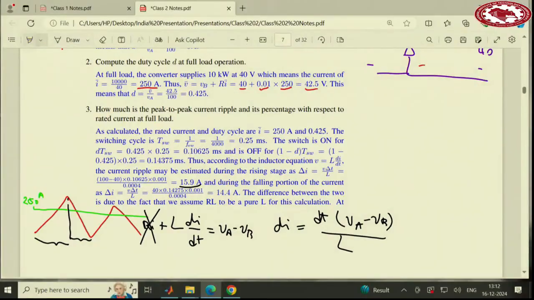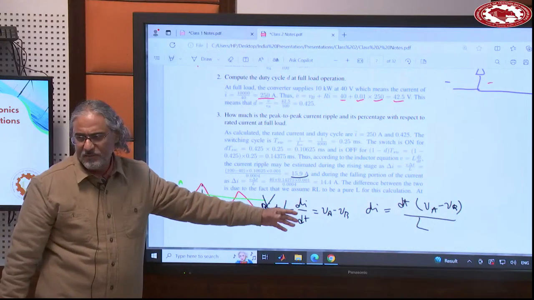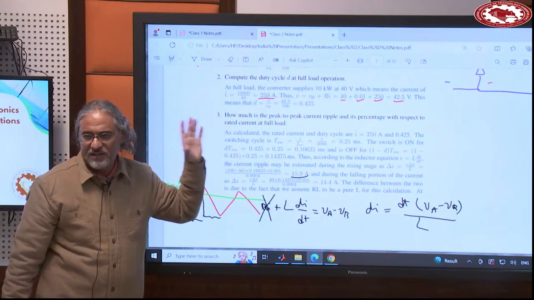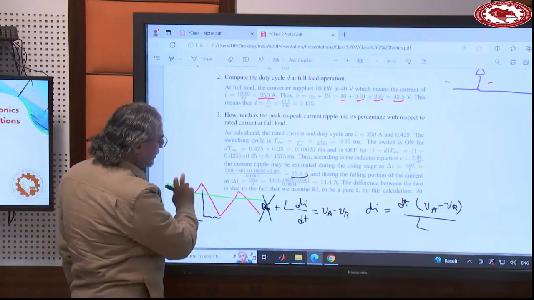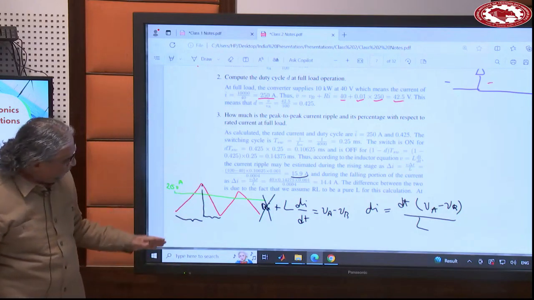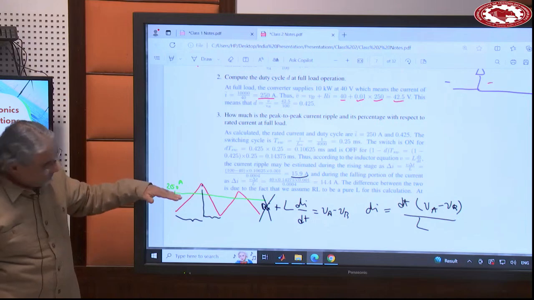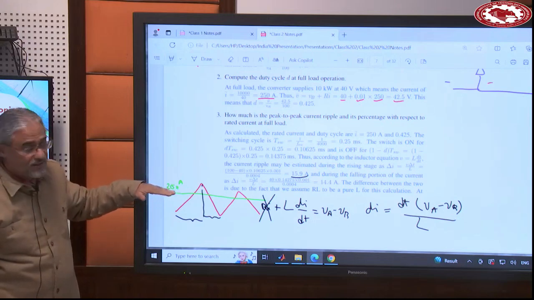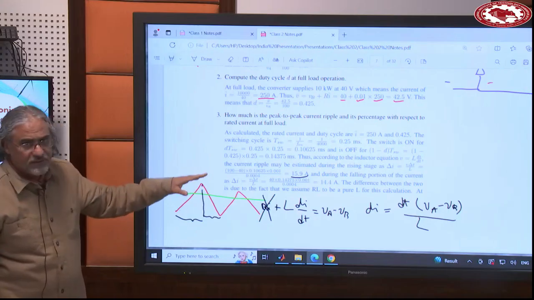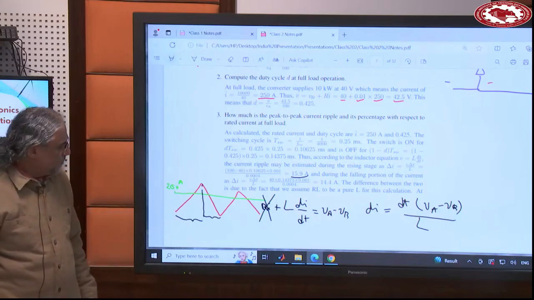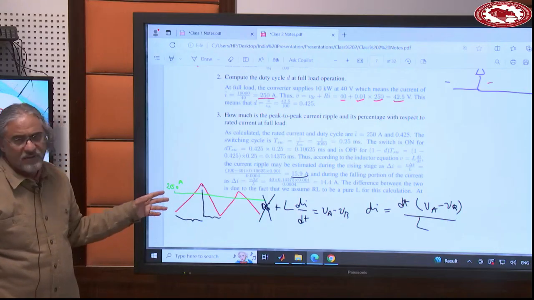But if you don't like it, you need to consider this term also and solve the equation. It's a little bit of mathematics, and then find the exact value. Okay. So conclusion, 250 is the average current in the steady state at the rated operation, peak to peak 15 amperes. And so it's like 7%.